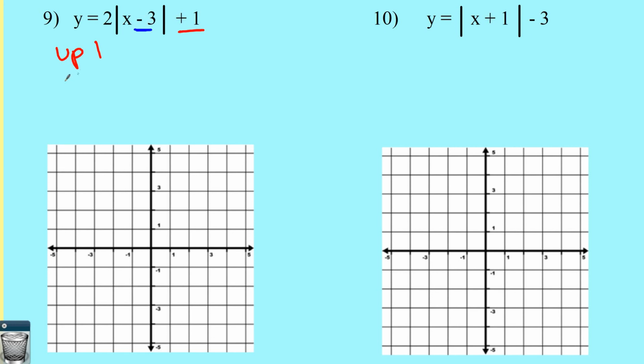This is negative, so it does the opposite of what we think. So it's going to go right 3. And then this number outside is a positive 2. It is bigger than 1, so it's going to have a vertical stretch.